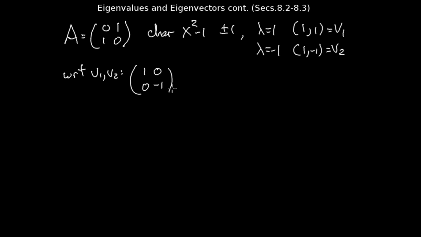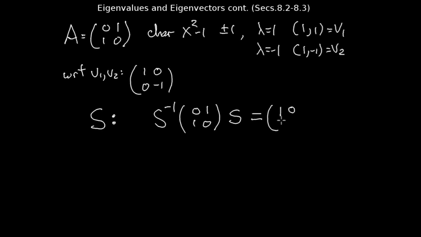But here's the new thing. There's a 2 by 2 matrix S, which does the following thing. If you take the original matrix, 0, 1, 1, 0, and multiply it on the left by S inverse and on the right by S, what you get is this new matrix like this.